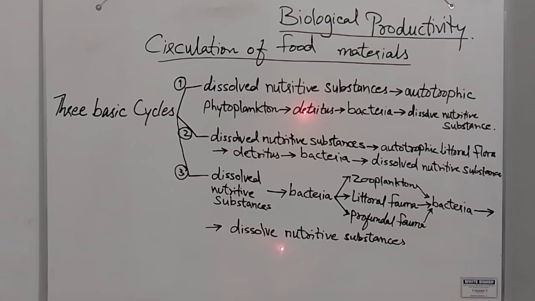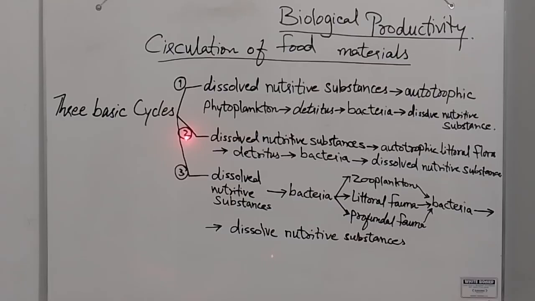This detritus is used by bacteria, which again convert it into dissolved nutritive substances. In this way this portion of the lake contributes to the circulation of the food material. So this is the first basic cycle.